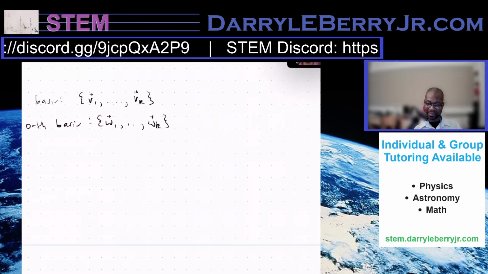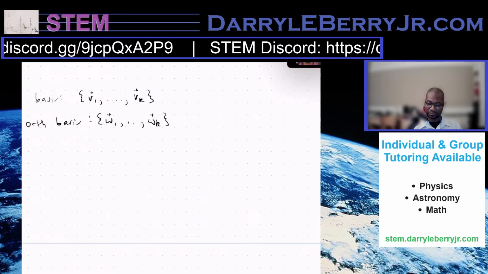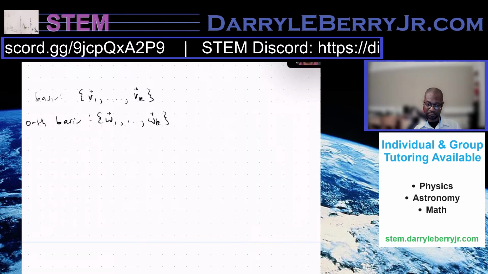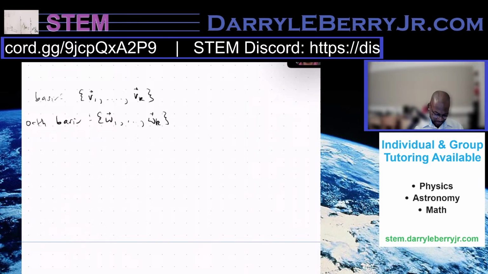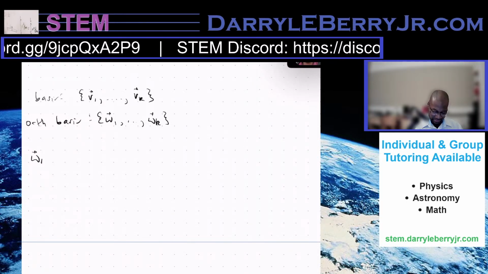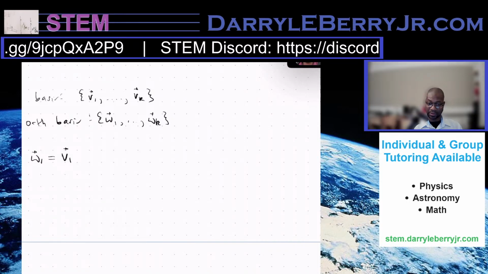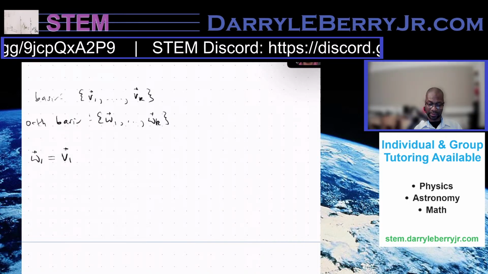So this is how we obtain an orthogonal basis for V. So the first vector in the orthogonal basis is the vector from the other basis, as we saw in the last video.